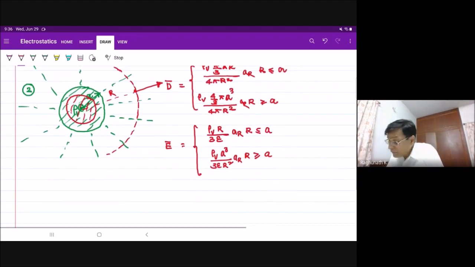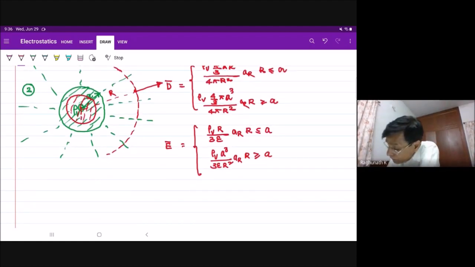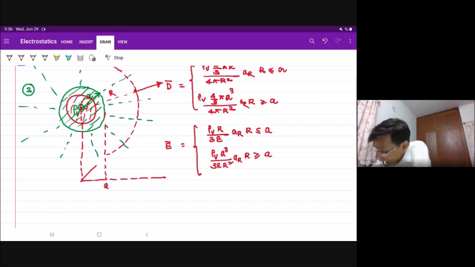When I look at the way in which the electric field intensity varies as a function of the distance from the center, for r less than or equal to a, till a, it increases linearly, because it is directly proportional to r.